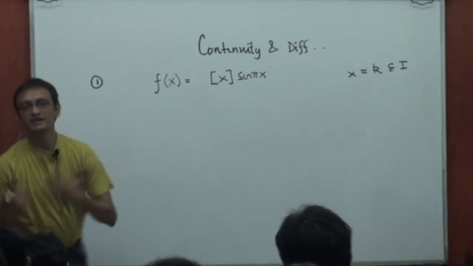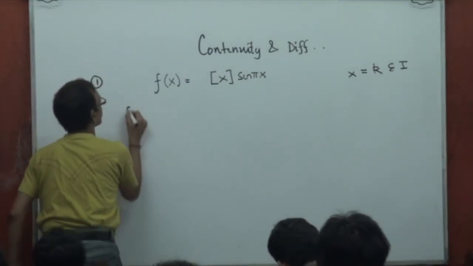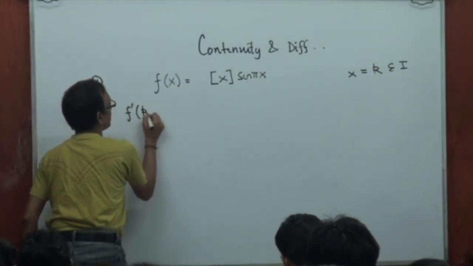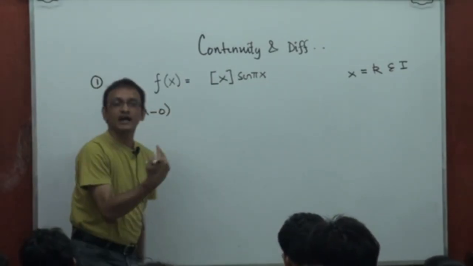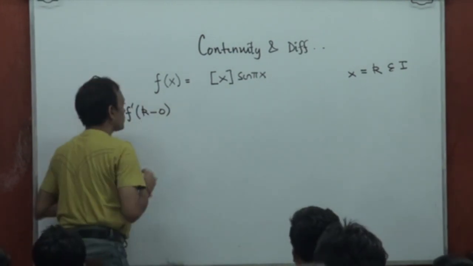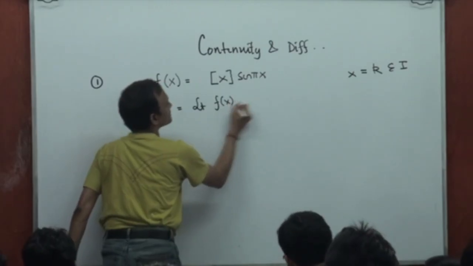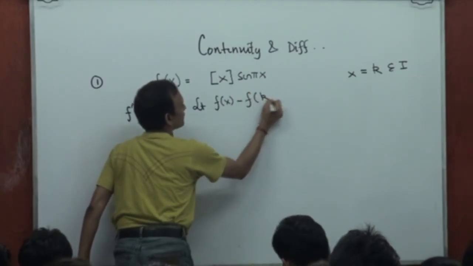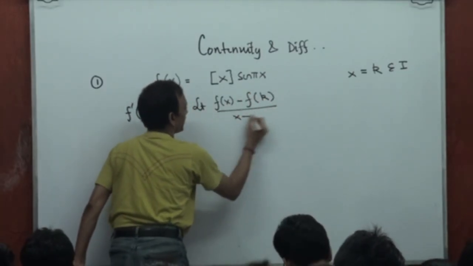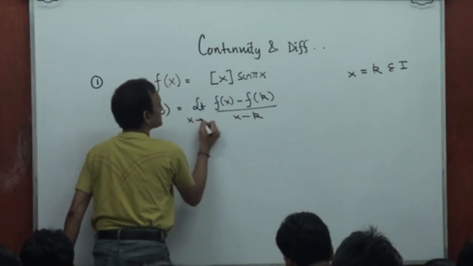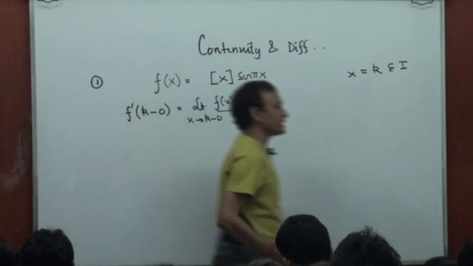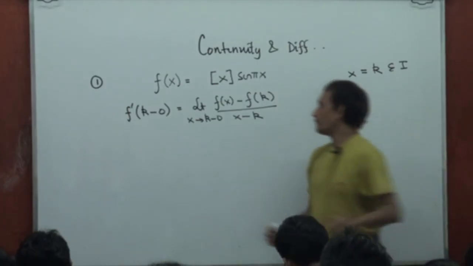Now, by definition, what's f dash k minus 0? That is the left hand derivative at x equal to k. That's going to be limit fx minus fk by x minus k, x tends to k from the less than k side. Yes or no? Right?